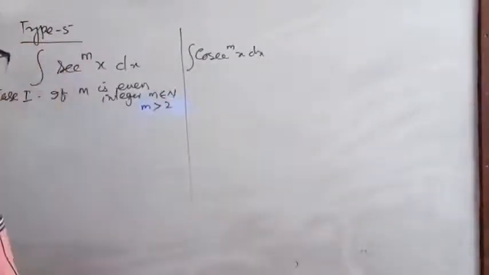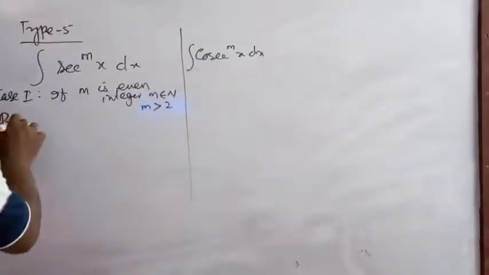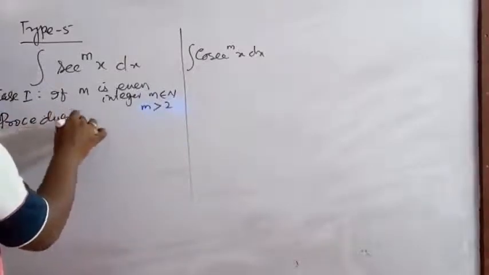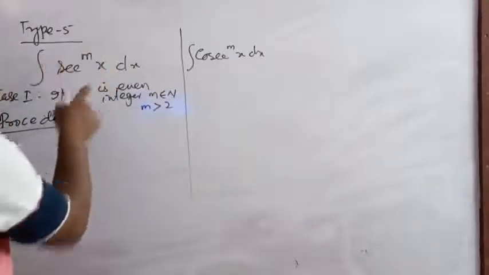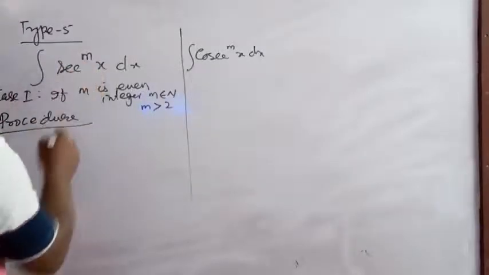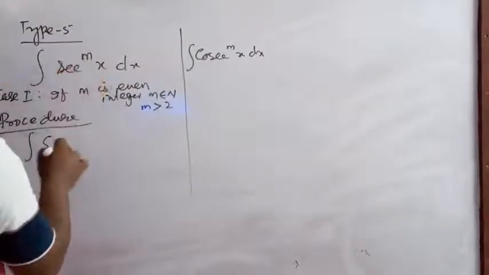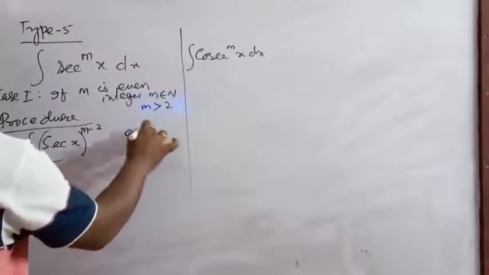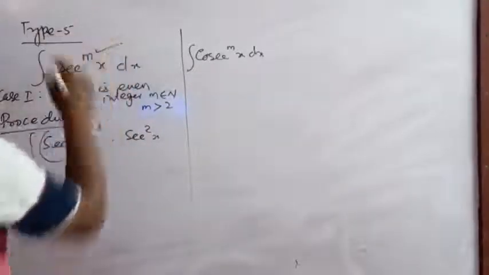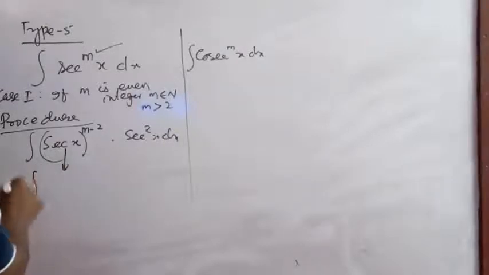If m is 2, then we know integration of sec square x is equal to tan x. So for m greater than 2, we proceed as follows. Step 1: separate sec x to the power m minus 2 into sec square x dx.